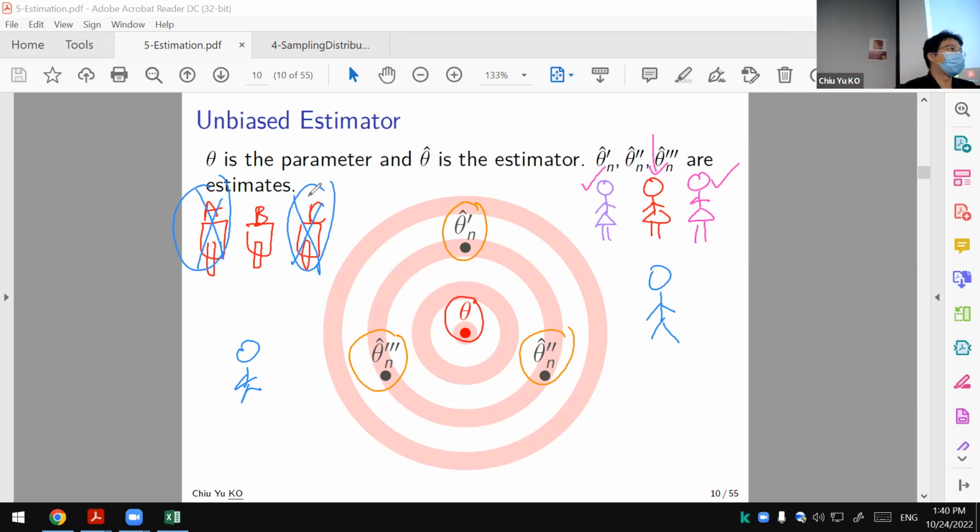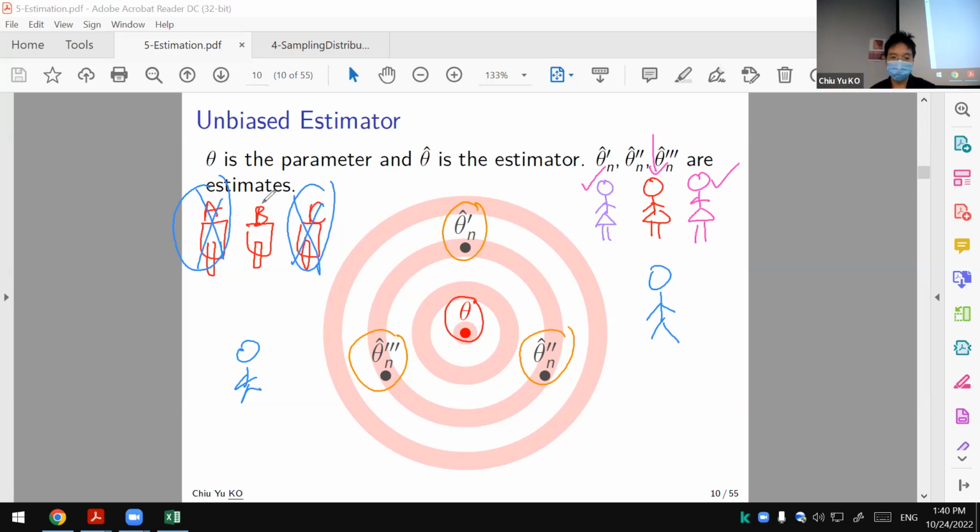Let me repeat: the average of your guesses is going to be the one you want to guess. But it says nothing about how good your individual guess is. You say aggregating many guesses, the average of those guesses is exactly what you want. It says nothing about how close each guess is. Is that clear?